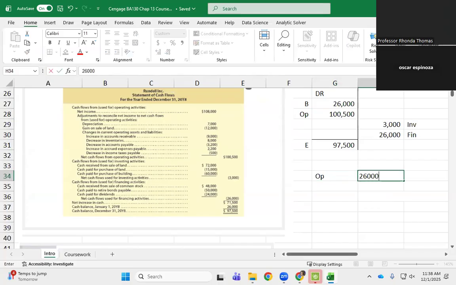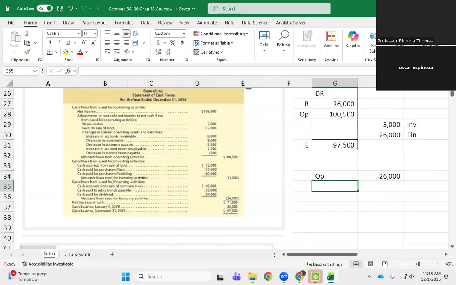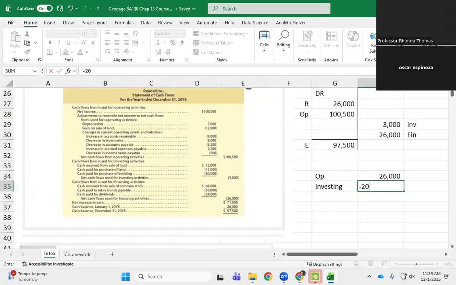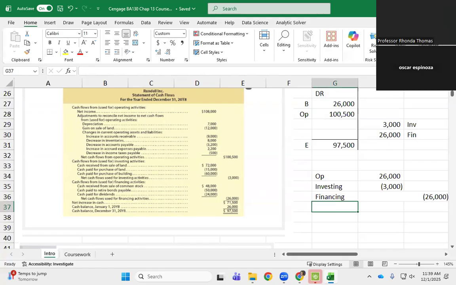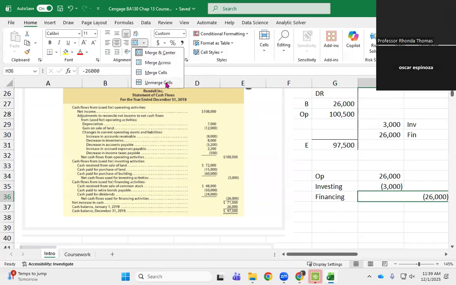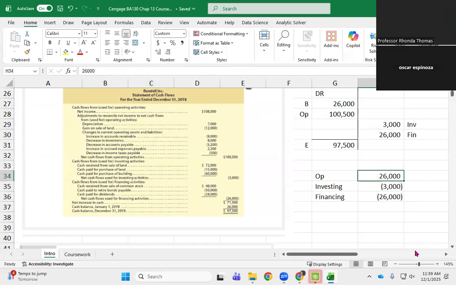One more time, if I was to put the operating section amount of 26,000, and the investing section amount of a negative 3,000, and the financing section of a negative 26,000. Okay, I put this in the wrong spot. Just a second, I need to fix this. This actually should be $100,500.